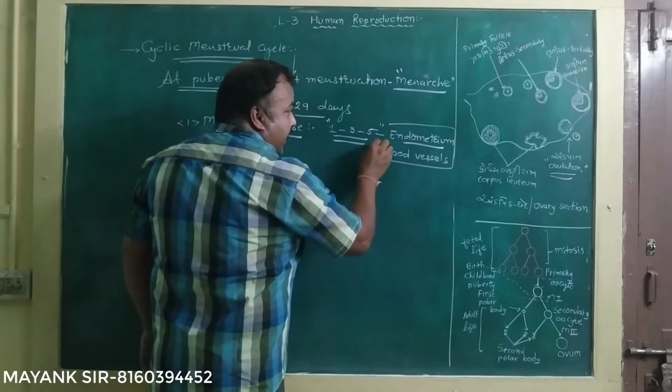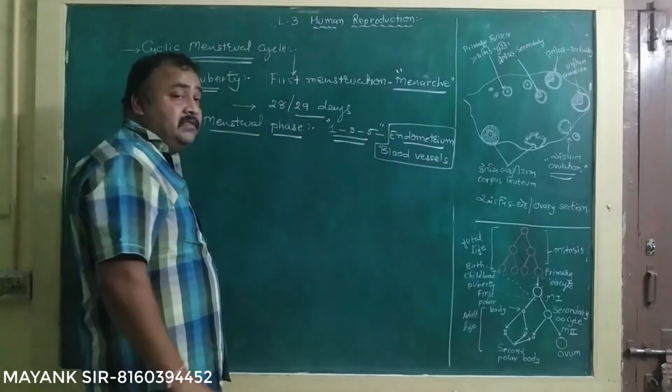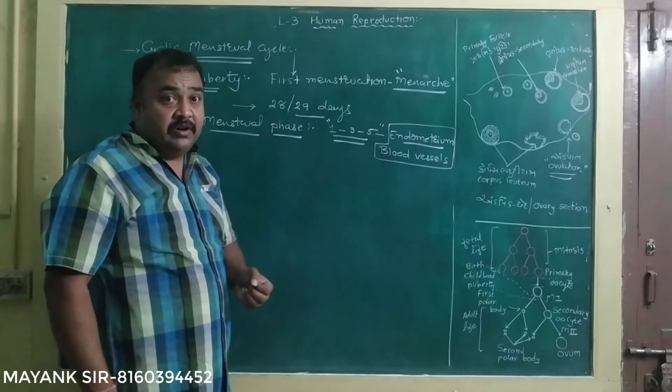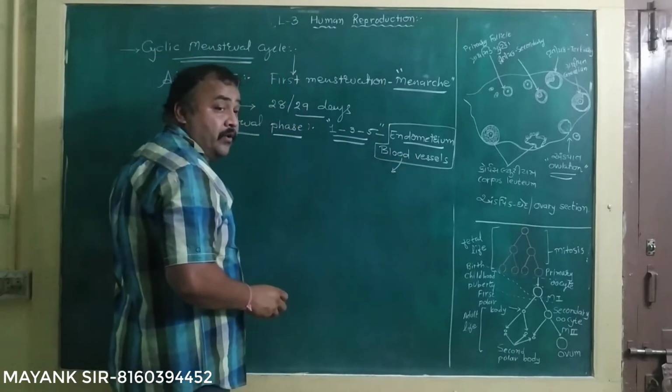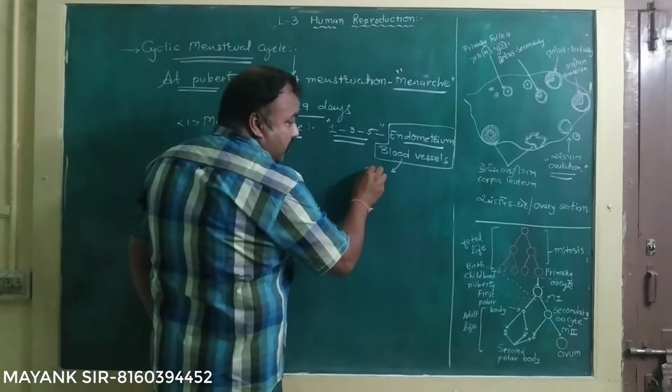The broken endometrium and blood vessels become ruptured and come out in the form of blood flow from the vagina, and that is called menstruation.